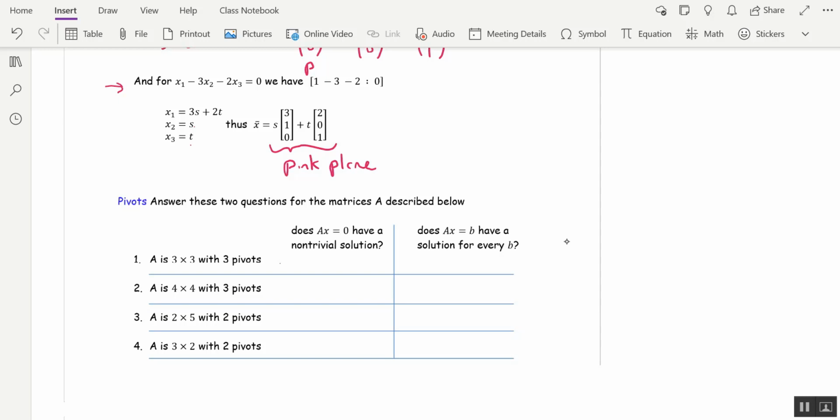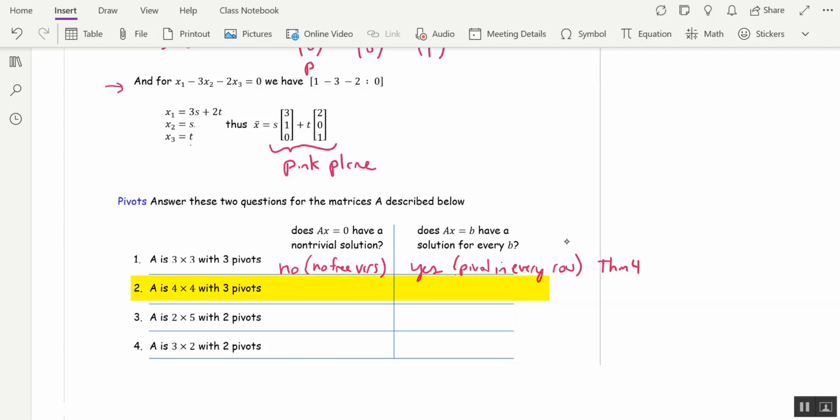So the answer is no. No free variables. And then the second question we want to ask for each of these is, does Ax equal b have a solution for each b? The answer to this one is yes, because if we have a 3 by 3 matrix with 3 pivots, we're going to have a pivot in every row. Pivot in every row. So that's theorem 4.